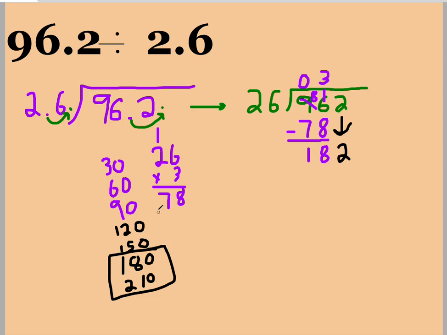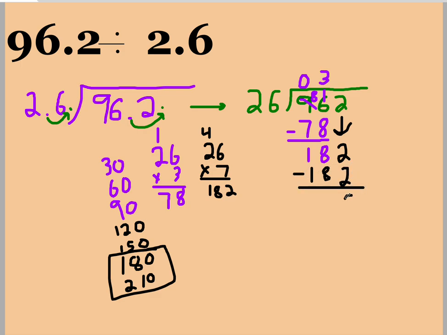All right. So let's try 7 because we rounded up from 26 to get to 30. So let's see if this works. 6 times 7 is 42. That's looking promising because I have a 2 here. 7 times 2 is 14, plus 4 is 18. So I have 182.